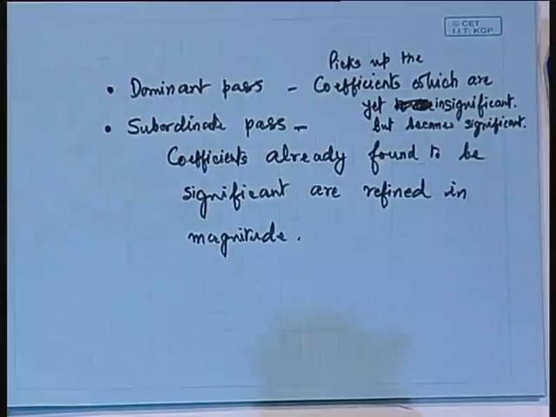So, this is the way whereby the dominant pass will be followed by the subordinate pass, and then again we will be reducing the threshold by a factor of 2, and we will once again carry out a dominant pass and subordinate pass. Again we will keep on repeating this.